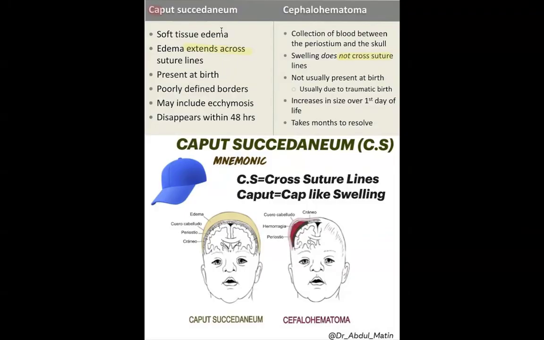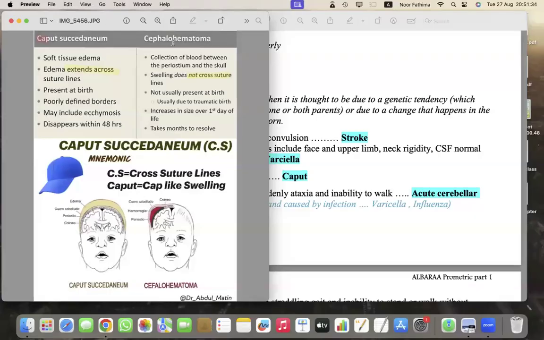So now let's see the difference. Caput succedaneum is a soft tissue edema, and it extends across the suture lines.